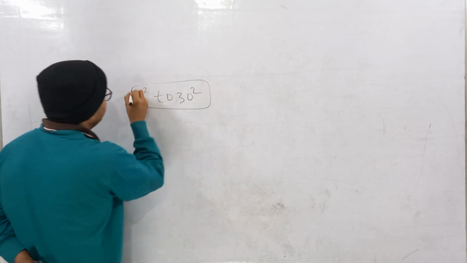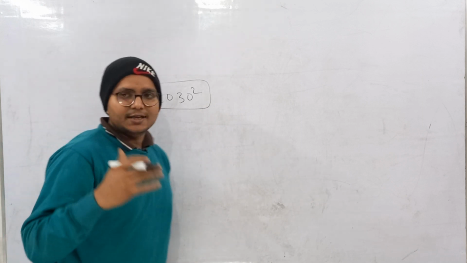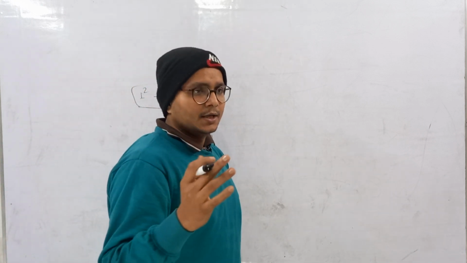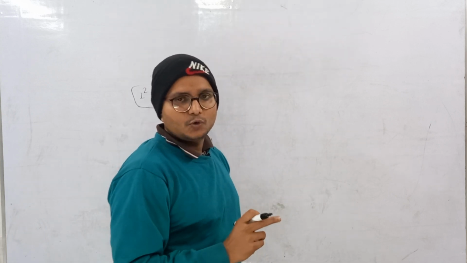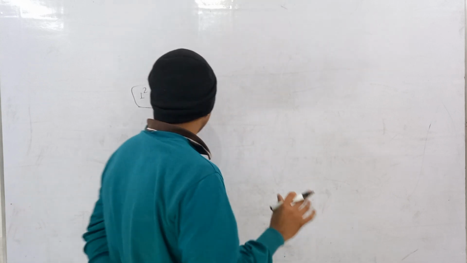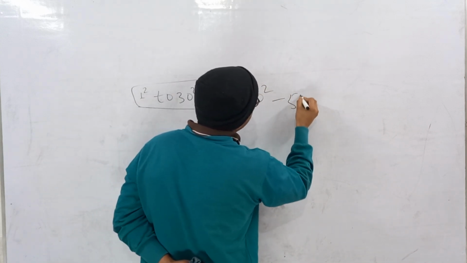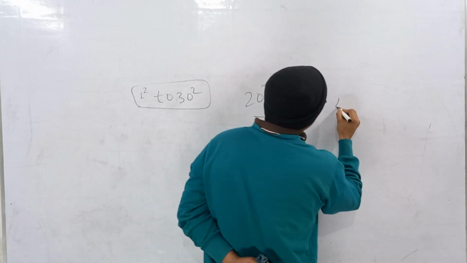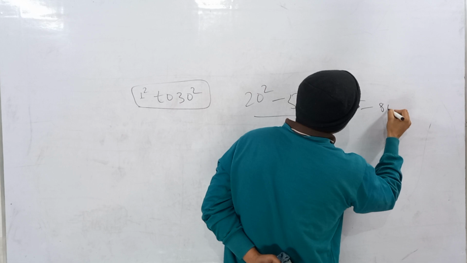By using this you can find the square of any number from 20 to 50 and from 50 to 80 easily. That is, from 20 square to 50 square and from 50 square to 80 square.